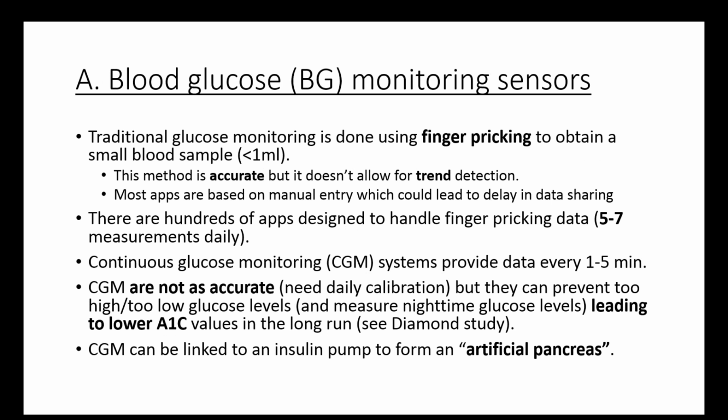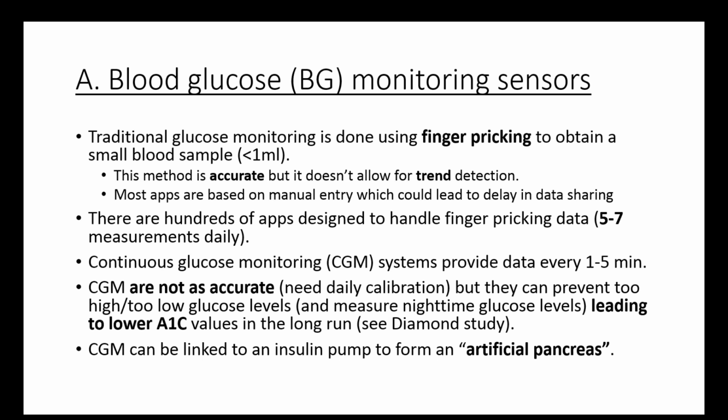So that was the introduction. Obviously the diabetes researchers here, I have to excuse my ignorance, but I have to do a little bit of introduction. I start with the blood glucose monitoring sensor because it's the most important measurement that you do, and it's usually done by finger pricking.